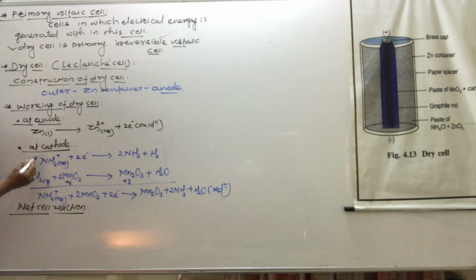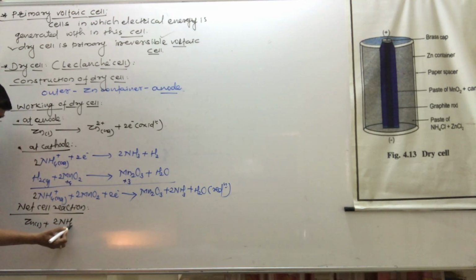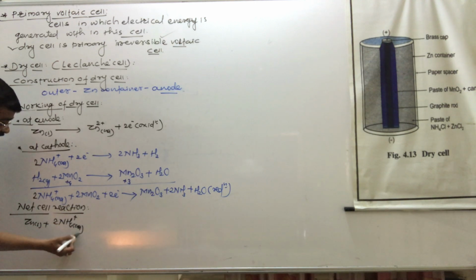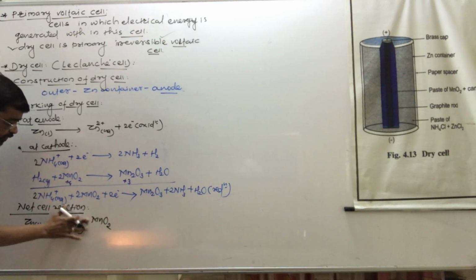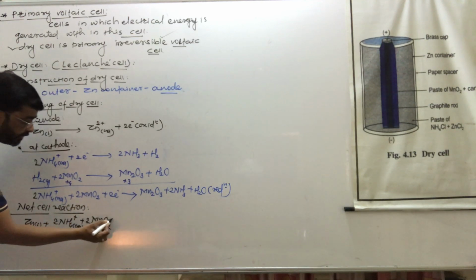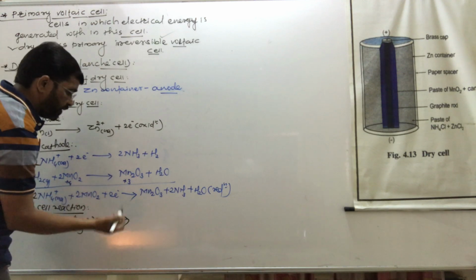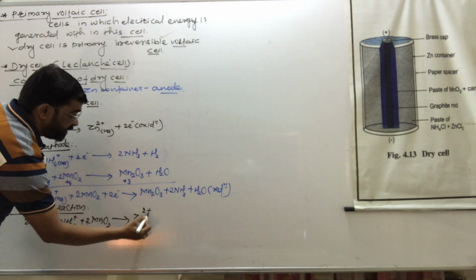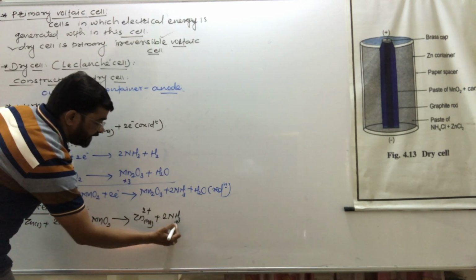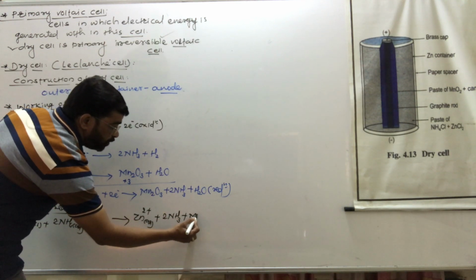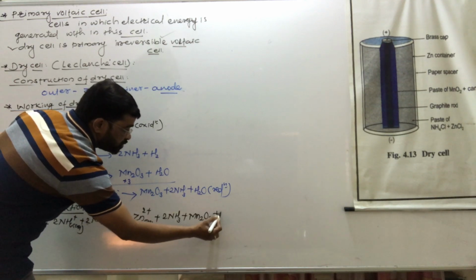And here you have to combine these two reactions: solid zinc plus, to balance the equation, twice NH4+ ions, plus twice MnO2, with loss and gain of 2 electrons, gives Zn2+ ions in aqueous state plus twice ammonia plus Mn2O3 plus H2O.